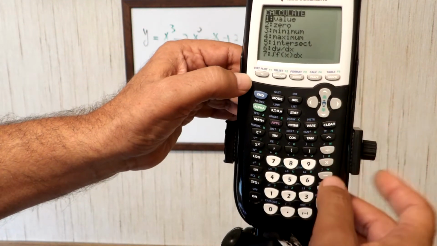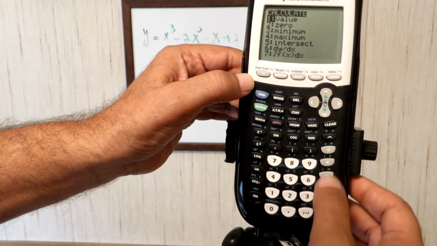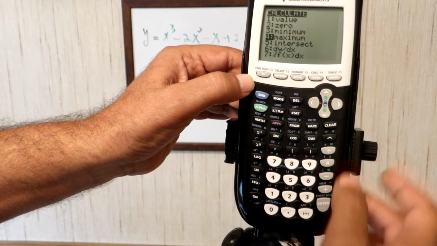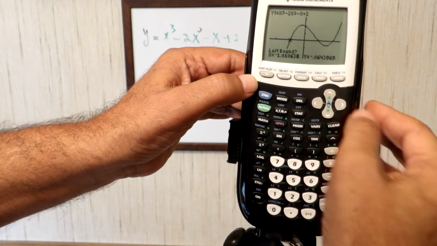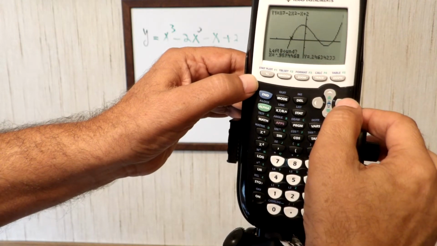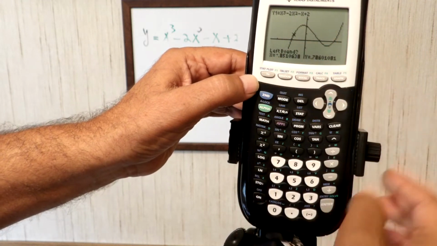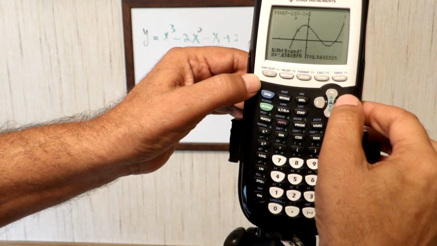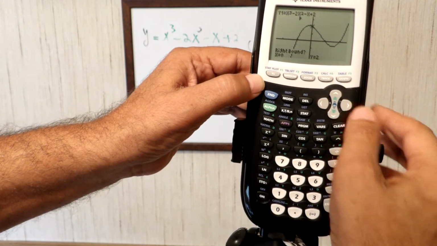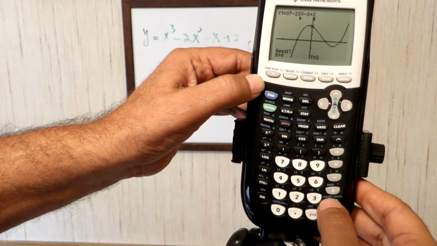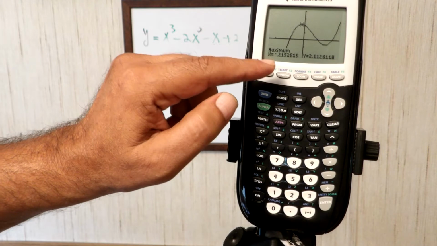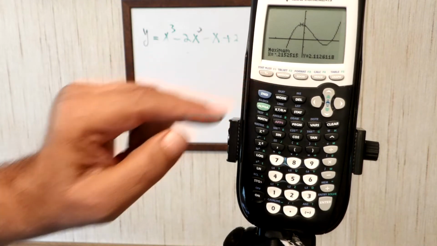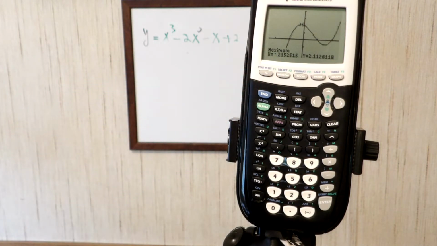Second, trace, and then you come to maximum here, enter, and then it asks you for the left side of this point, enter, and then you go to the right side of the point, enter, and then it tells you x is minus 0.2152 and whatever, and y is 2.11.